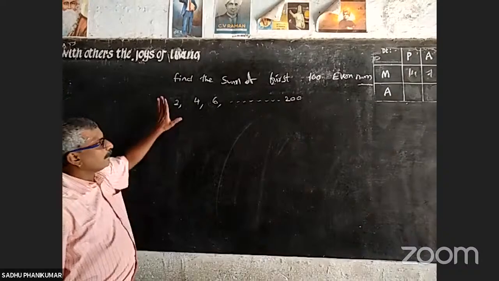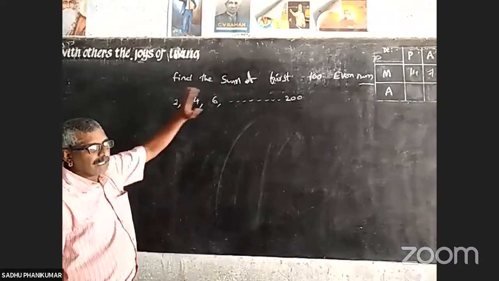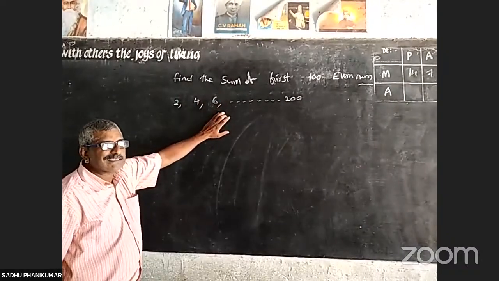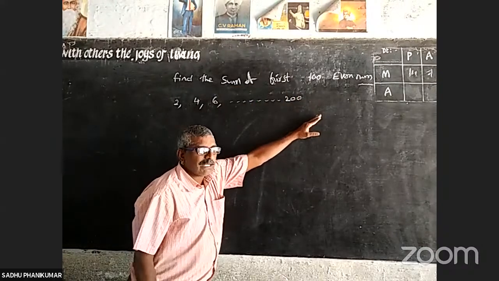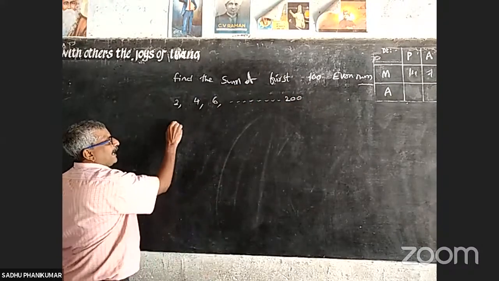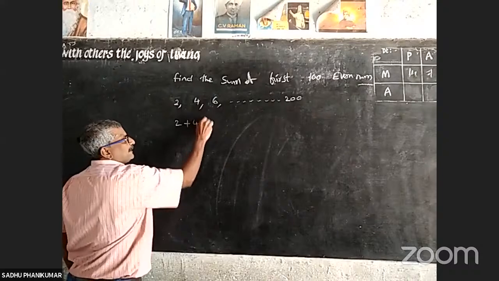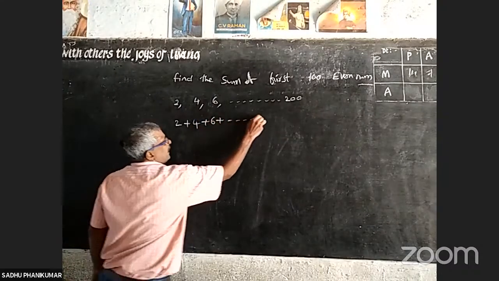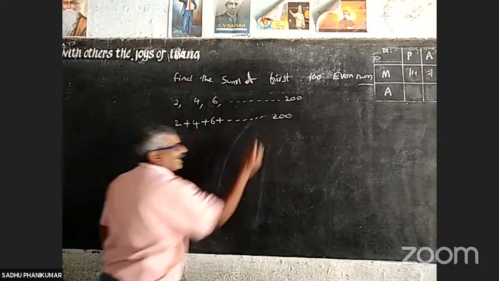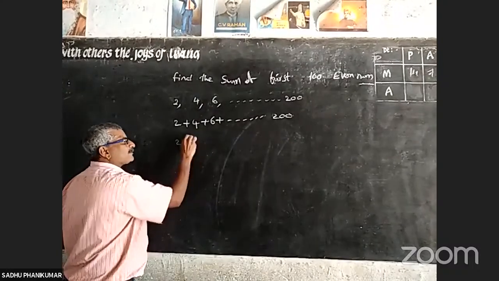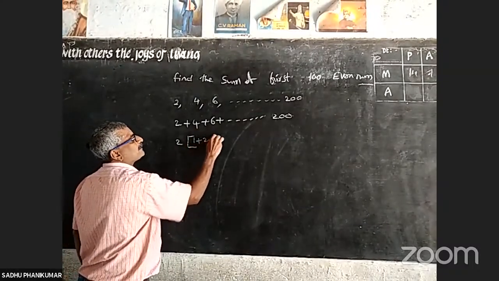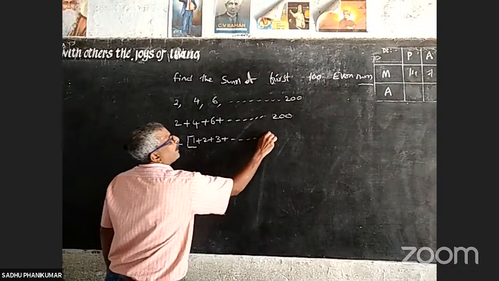Okay. So A is with us, and D is with us. Otherwise, you can easily write it as 2 plus 4 plus 6 plus so on up to 200. Otherwise, you write it like this: 1 plus 2 plus 3 plus so on up to 100.